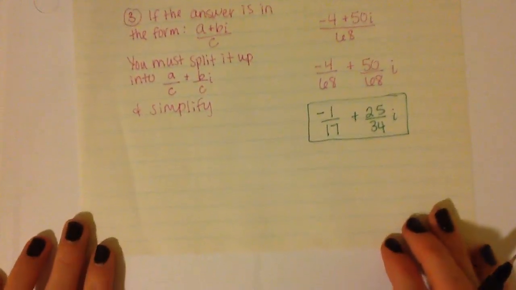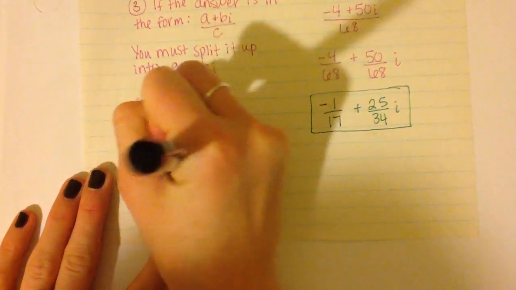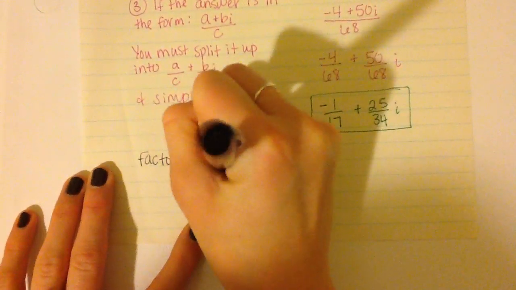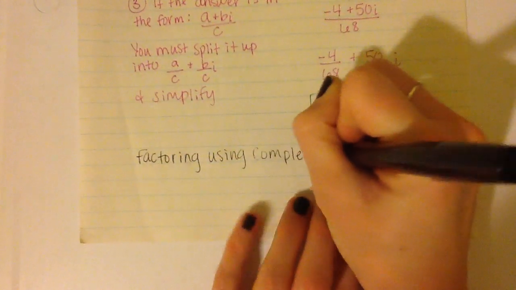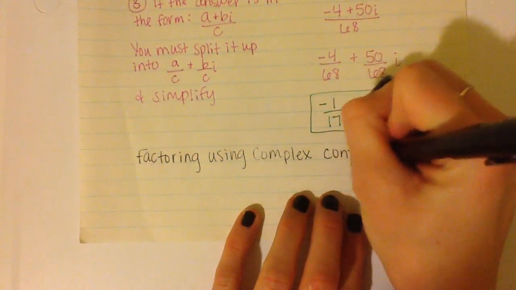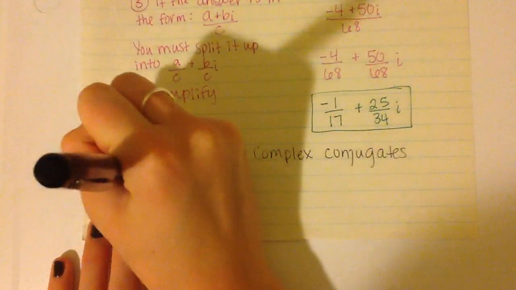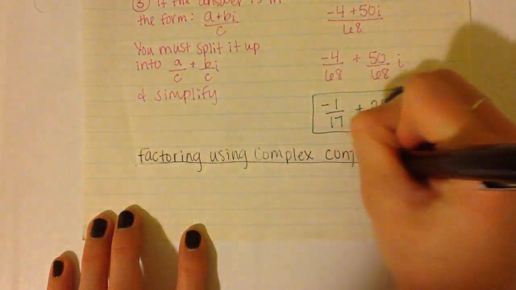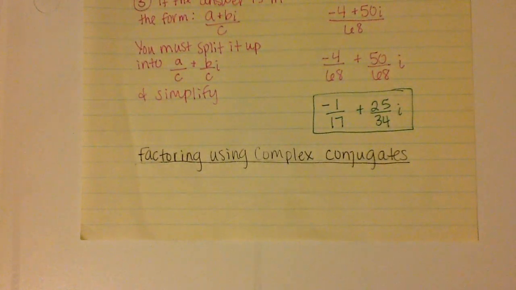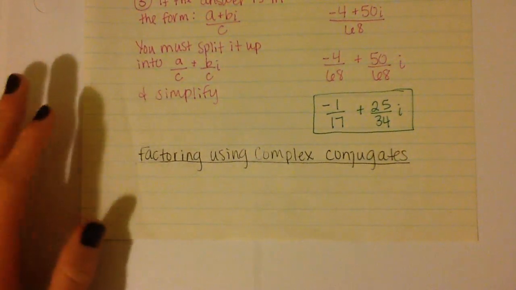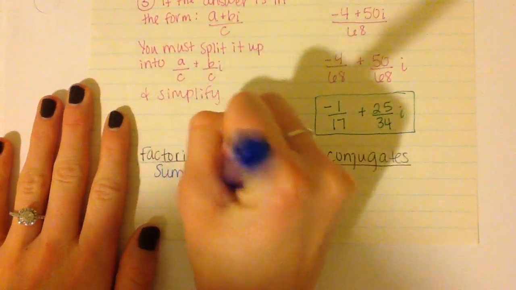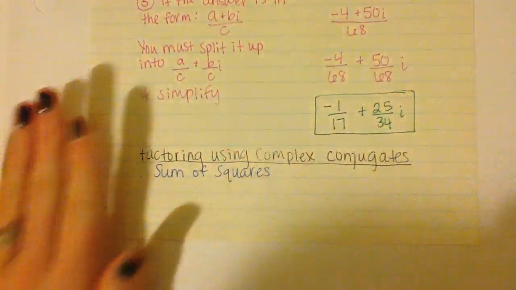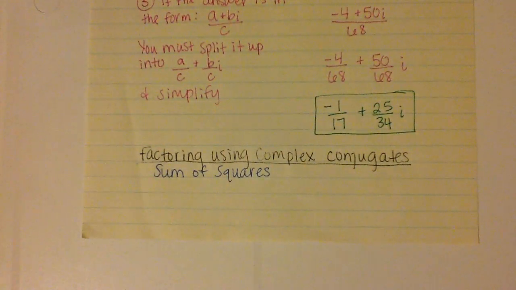Okay, so next, let's talk about factoring using complex conjugates. Alright, so the first one, we have sum of squares, which is a special case that we already talked about.